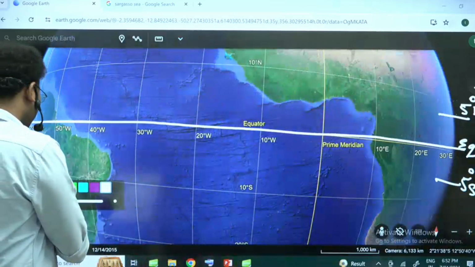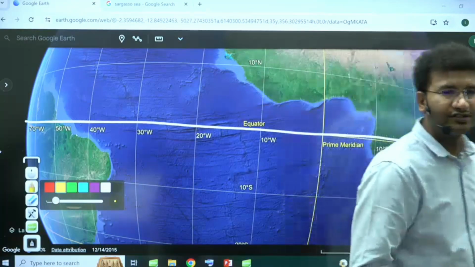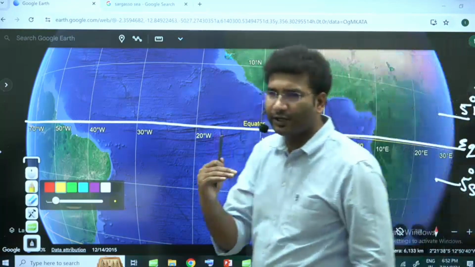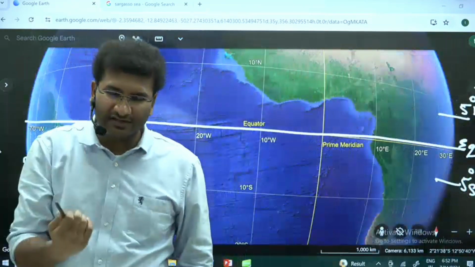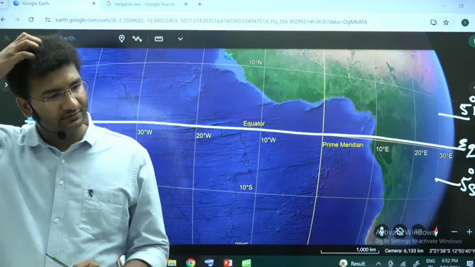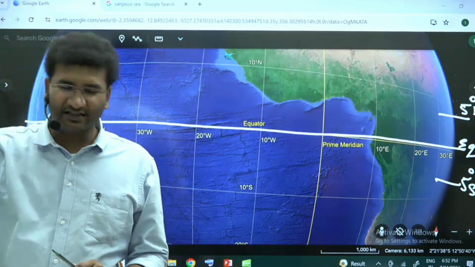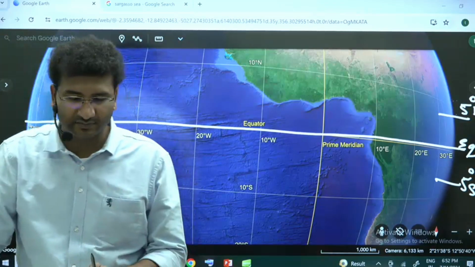See, the concept of easterlies and westerlies, where do they start? The origin of the easterlies and westerlies from the equator, when you go across north and south, at which latitudes does the concept of easterlies and westerlies start? Tell me latitudinally where easterlies are present.